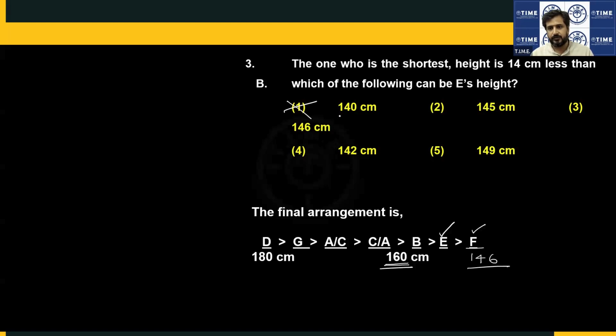So it is not the first option, not the second, and not the third option, which is exactly 146. It cannot be the fourth option, 142 either. So the only possible height is 149 centimeters, more than F and less than B. Okay, move to the next question.